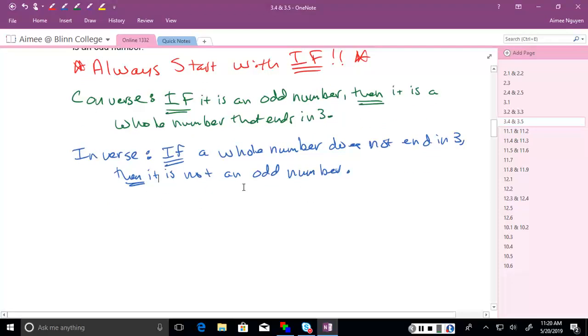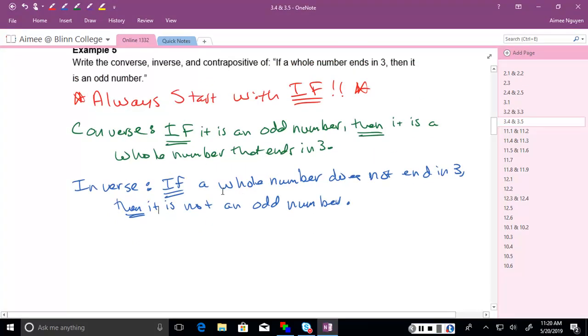And now for our friend the contrapositive. So now I'm going to do both. I'm going to change the order and I'm going to negate them both, right?